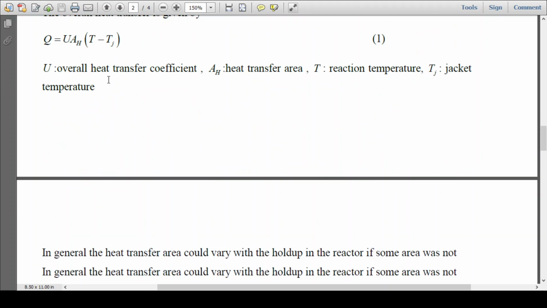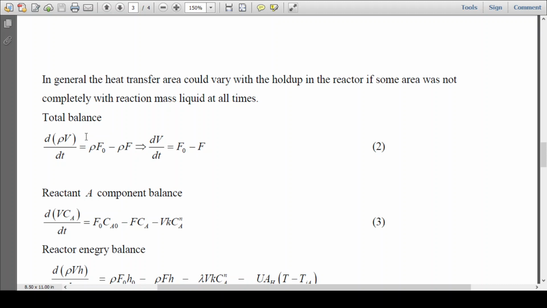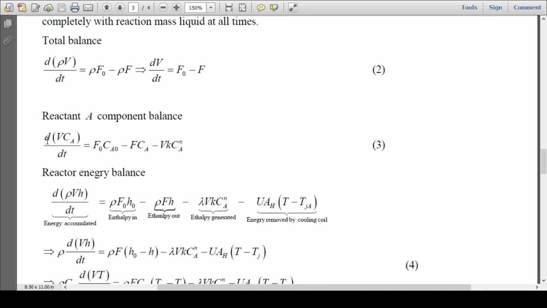Now the total mass balance inside the reactor: the accumulation of mass within the reactor is d(rho V)/dt, mass coming in rho F0 minus rho F, considering a constant density system with constant liquid holdup. So dV/dt equals F0 minus F. Now the component balance: d(V Ca)/dt equals F0 Ca0 minus F Ca minus k V Ca to the power n.